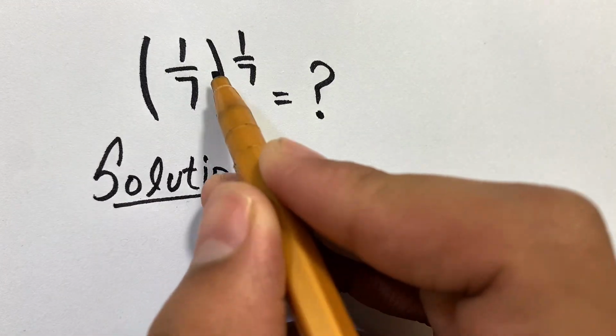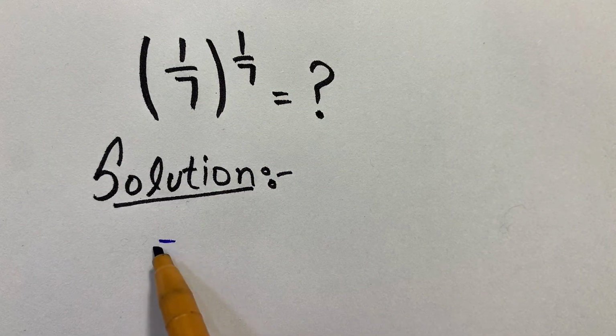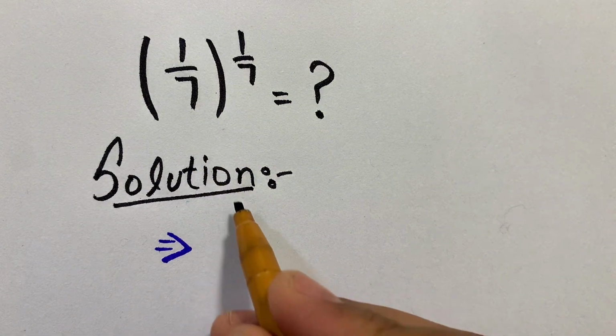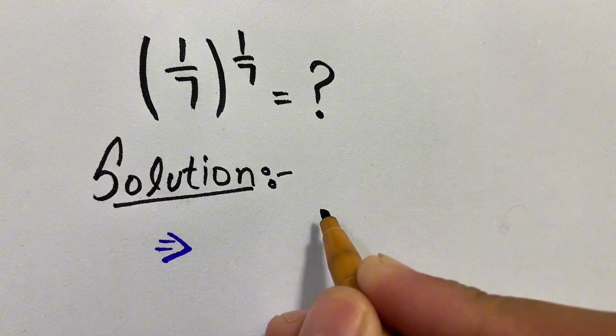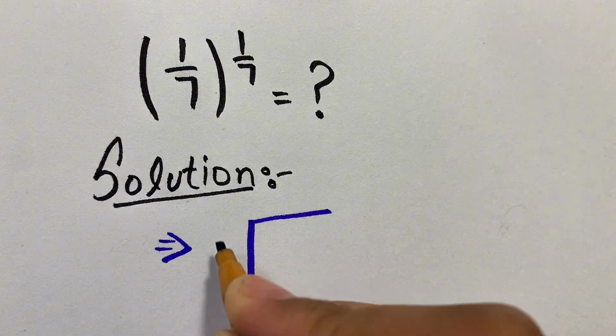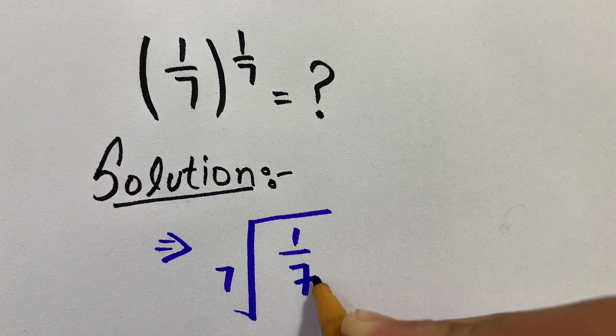1 divided by 7, power 1 divided by 7. After applying the formula, (a divided by b) whole power a divided by b, this will be 7 into 1 divided by 7.